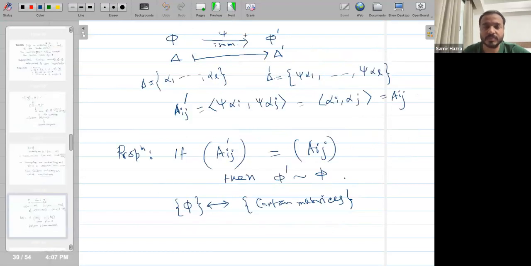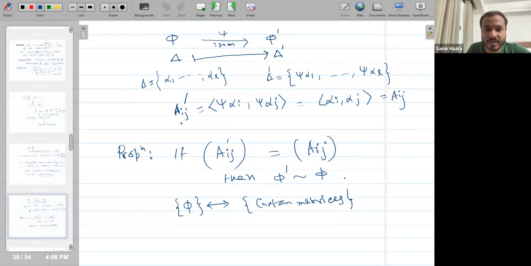Now, suppose we have an isomorphism psi between root systems. If delta is the base in phi, then via psi we can write a base for phi dash, given by psi alpha 1 to psi alpha L, that is, psi applied on the base elements.